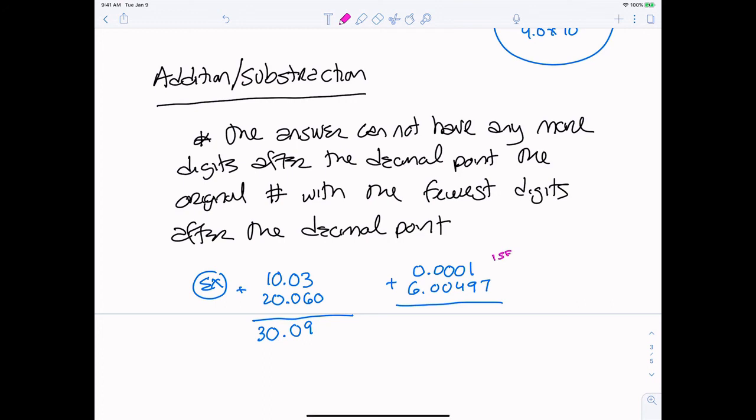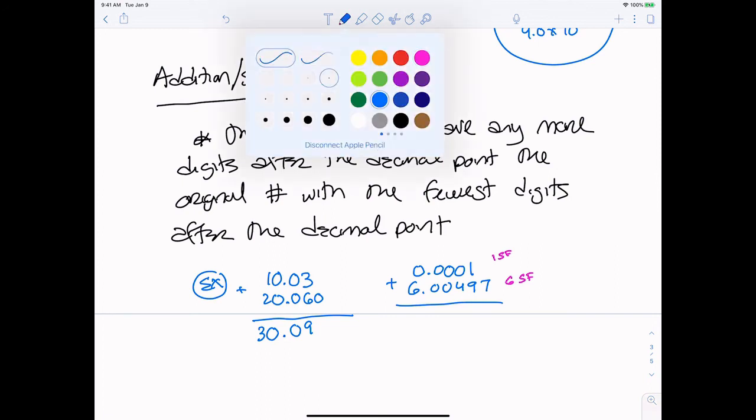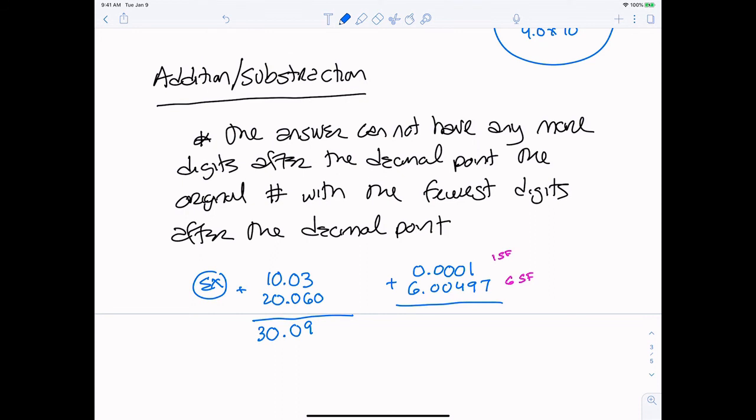Because those leading zeros don't count. 6.00497 is 1, 2, 3, 4, 5, 6 significant digits. So if I was multiplying or dividing these two numbers, I would only have one sig fig in my answer. I'm not, however, right? We're adding, so I want to have the fewest number of digits after the decimal place.